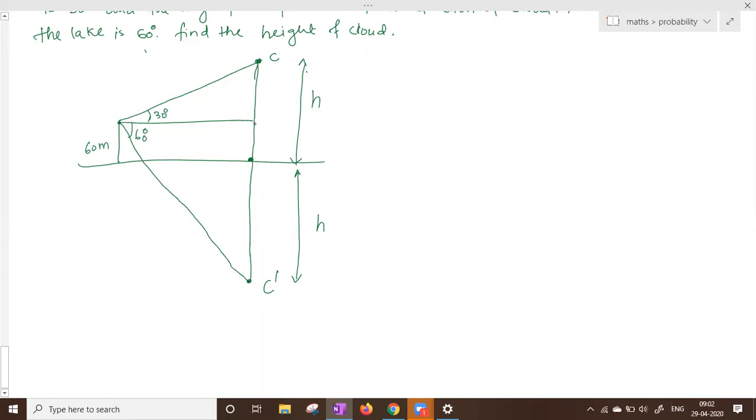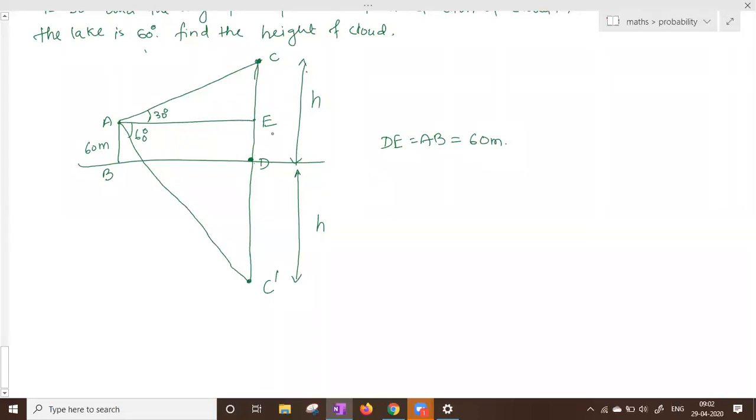So now solving. This is A, B, C, C dash. Here if you consider D, this is point E. DE is equal to AB is equal to 60 meter.